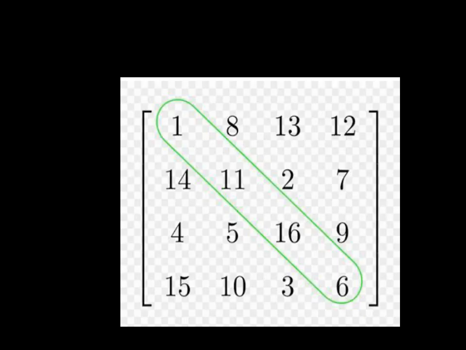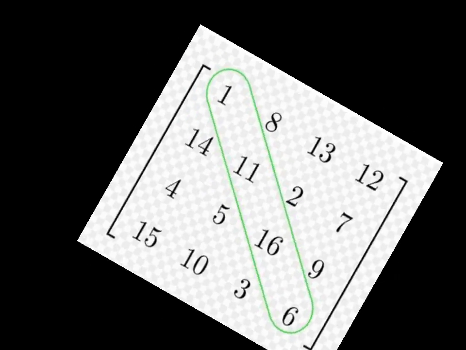In this example, diagonal places are filled with real numbers, but all other entries are not 0, so this is not a diagonal matrix. For a diagonal matrix, there is a necessary condition that all other entries except the diagonal place must be 0.